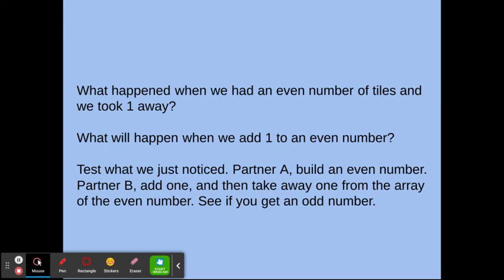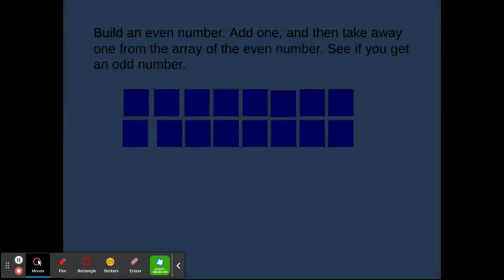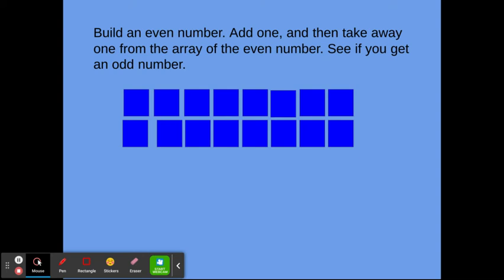Partner A, build an even number, and partner B, add one, and then take one away from the array to see if you get an odd number. So we're going to build an even number, add one, then take one away from the array of the even number just to see if you get an odd number.